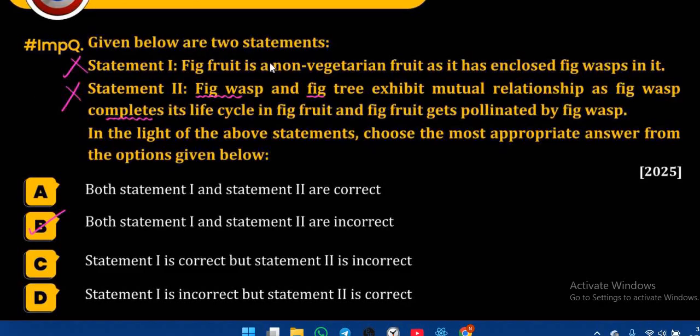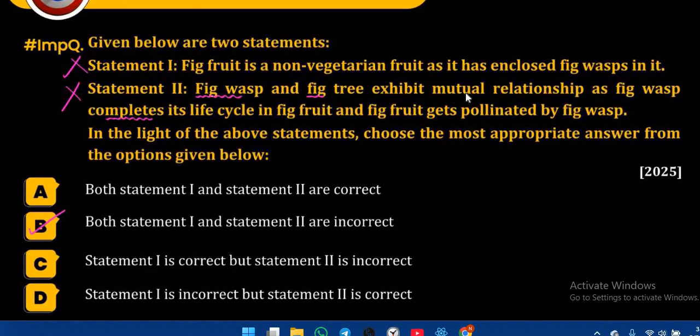Next question, given below are two statements. Statement first. Fig fruit is a non-vegetarian fruit as it has enclosed fig wasps in it. Statement second.